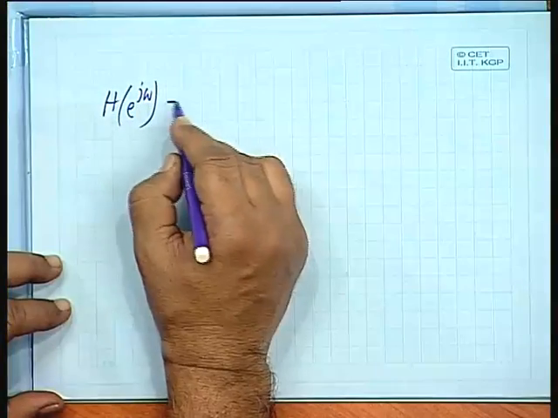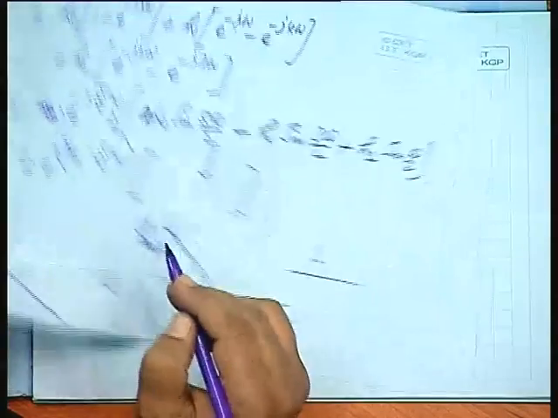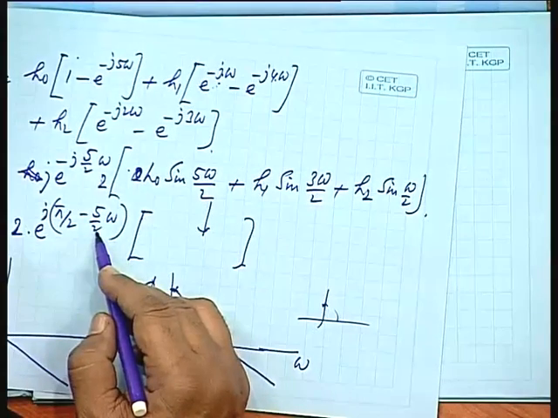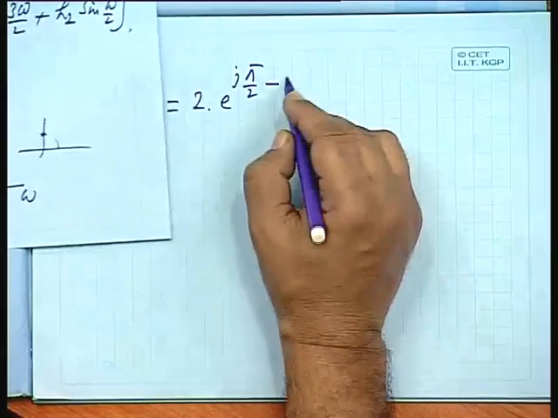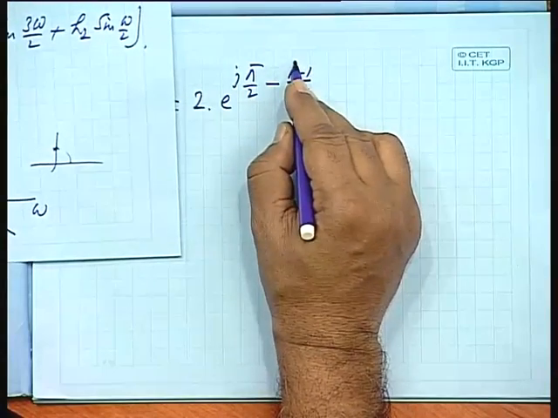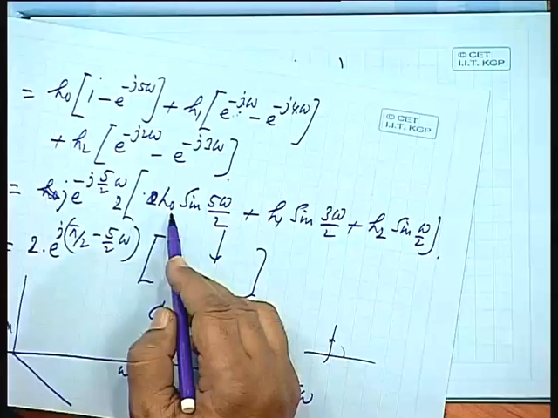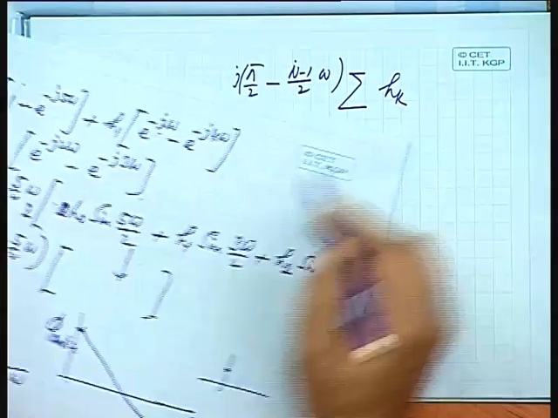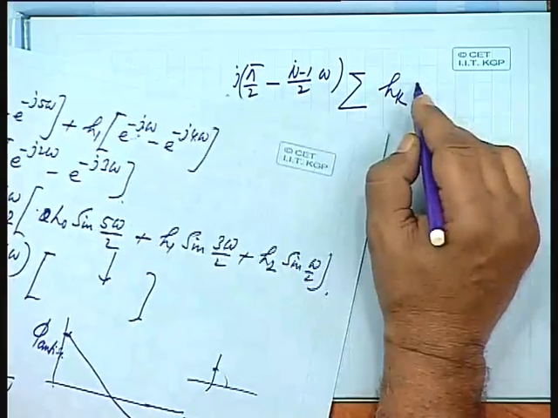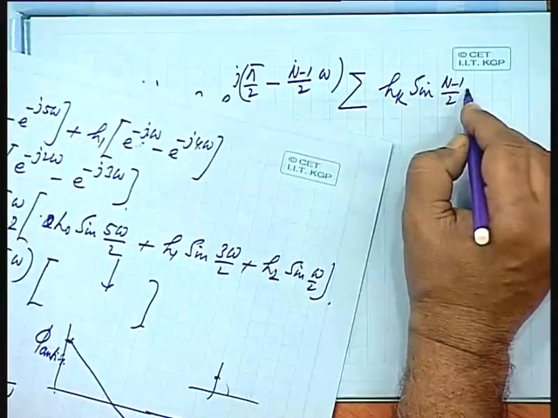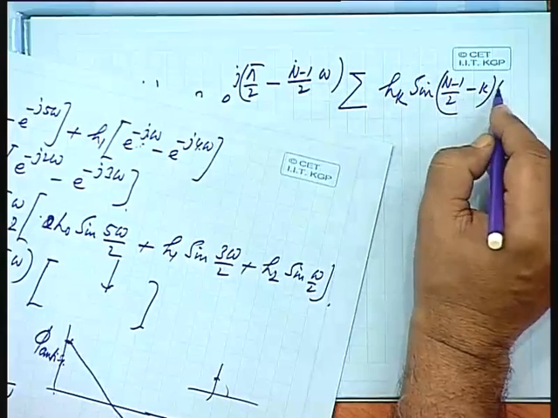What will be the general term for this? H(e^jω) will be, when n is even, 2 e^(j(π/2 minus (n minus 1)/2 ω)) into summation of hk sin, this is decreasing gradually, so this is ((n minus 1)/2 minus k) into ω, all right.